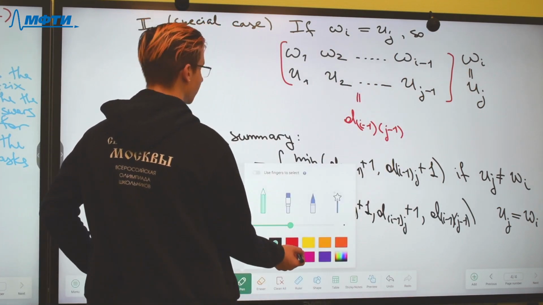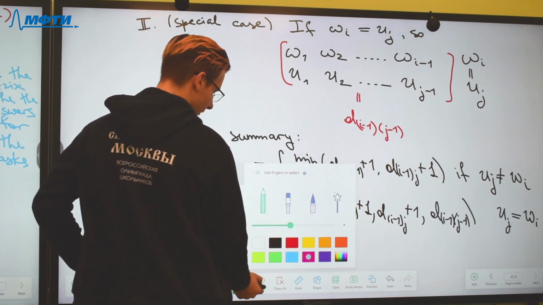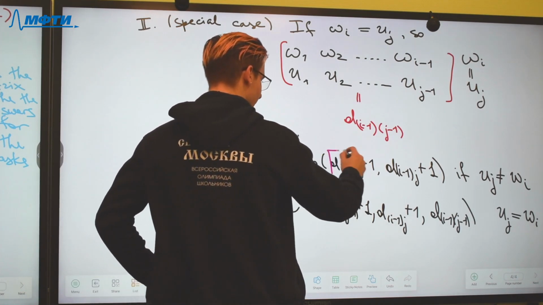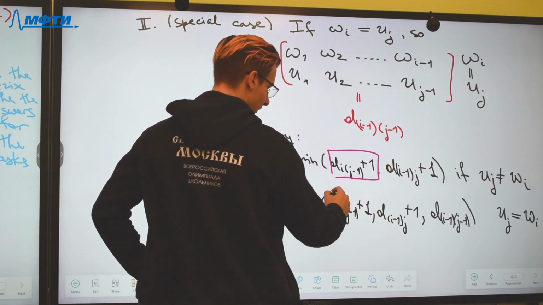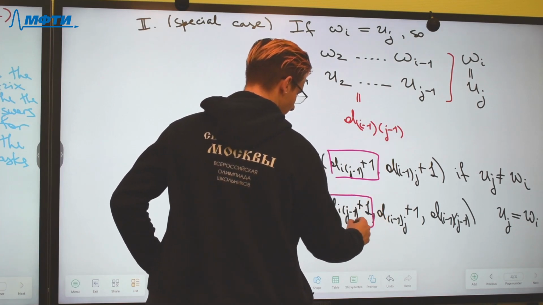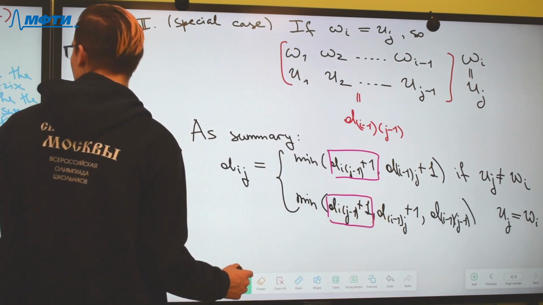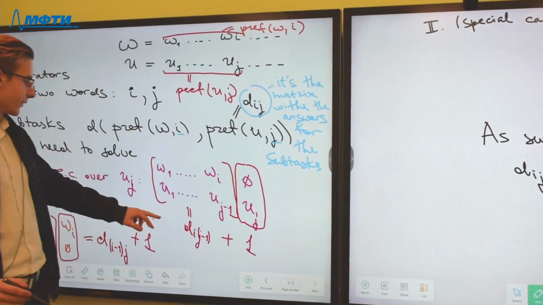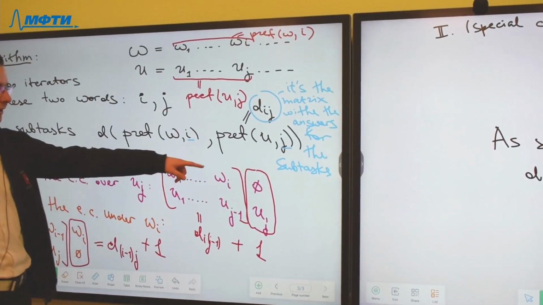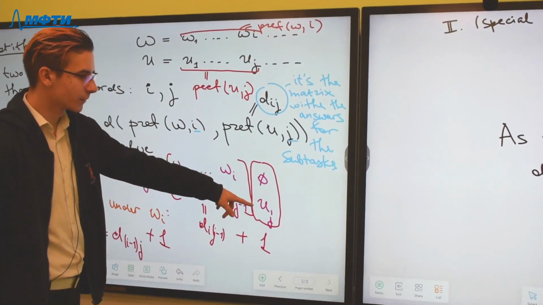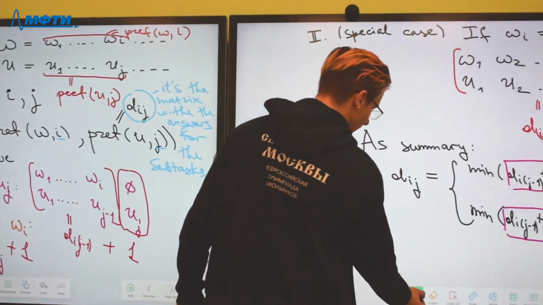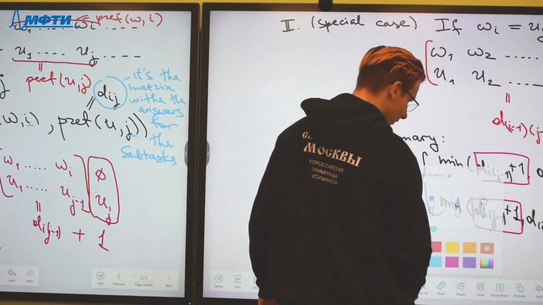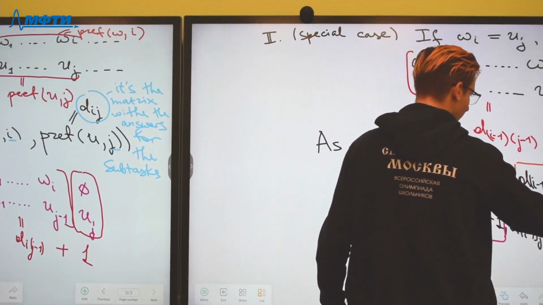And I think it's the first case that we see here. In the first case, when we add a character over the OG. The second case.